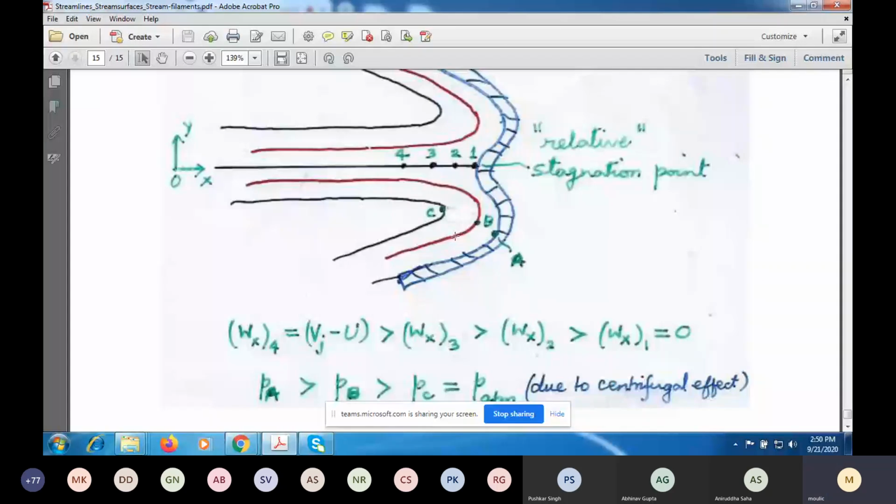To find how the velocity varies, you have to solve Euler's equations of motion along with the continuity equation, which is not easy because they are nonlinear differential equations. However, if you look at the equations, which I'll derive tomorrow, we can explain why the pressure might increase in certain directions.